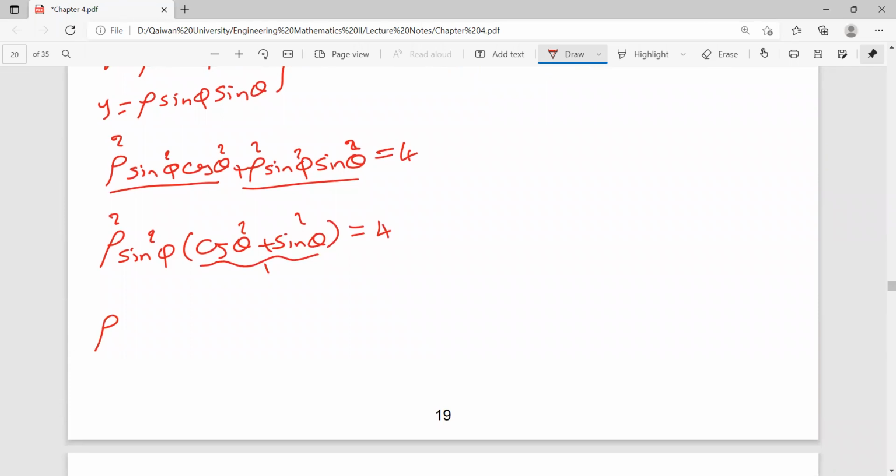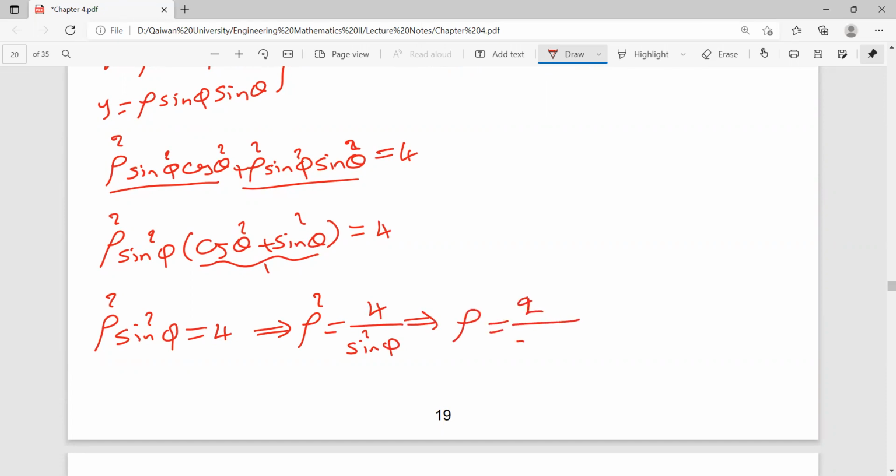That means rho squared sine squared phi equals 4, so rho squared is 4 over sine squared phi, and rho equals 2 divided by sine phi.